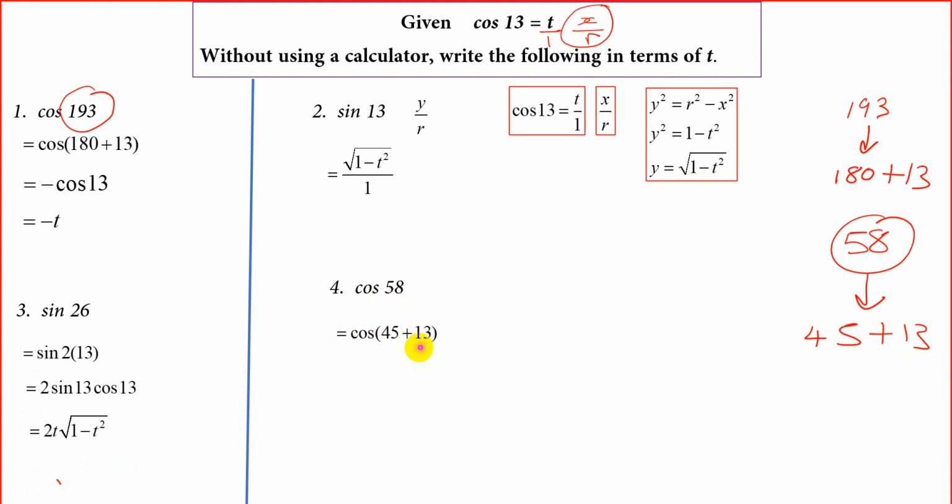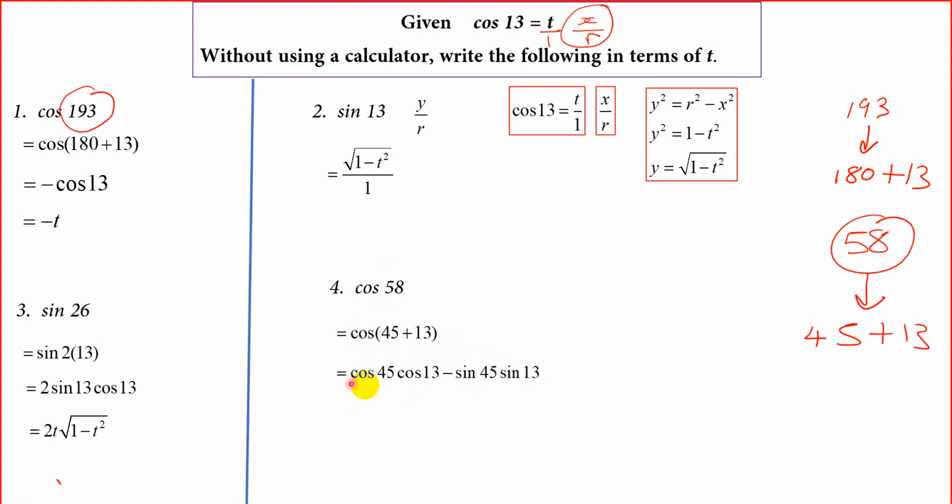This now produces what we call a compound angle, and we're going to use the compound angle formula, which states that cos of 45 plus 13 is cos cos minus sin sin. Implementing that formula, we have cos 45 cos 13, plus changes to minus, sin 45 sin 13.